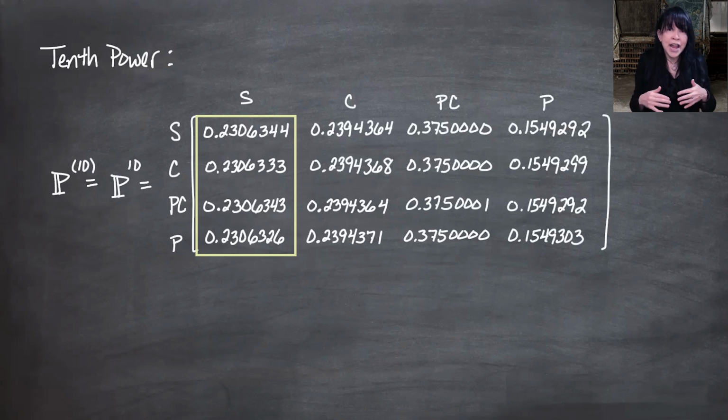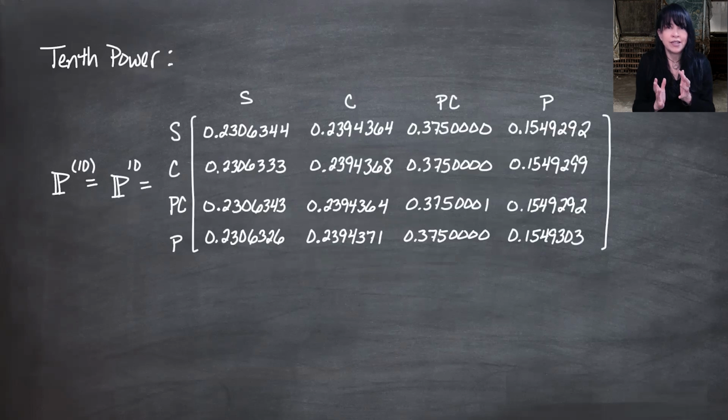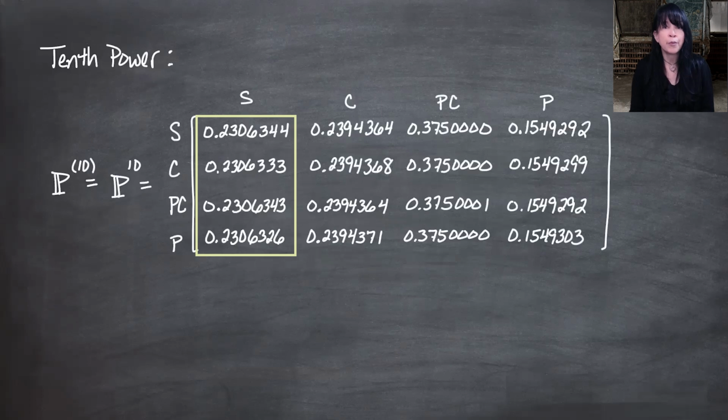And if I take higher and higher powers, I think we're going to see these numbers sort of coalescing around a single value for all the rows in any given column, even more strongly, if you will. So what does this number, this 0.2306 approximately, in this first column represent?